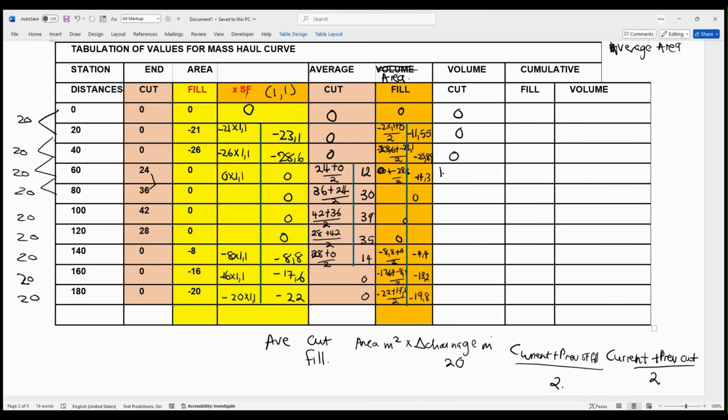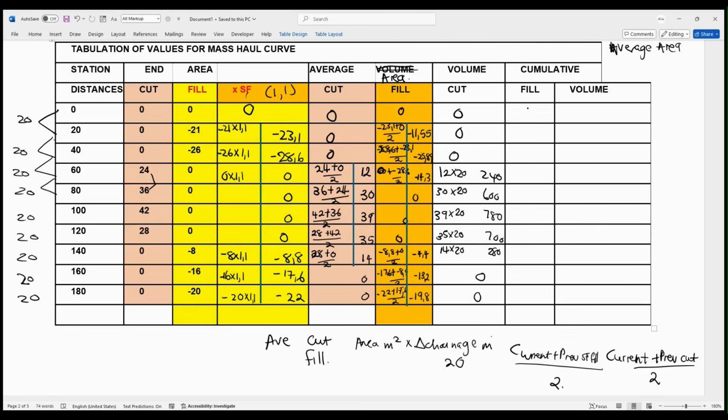So 12 times our chainage of 20, you get 240. 30 times chainage 20 is 600. 39 times 20 is 780. 35 times 20 is 700. 14 times 20 is 280, then zeros.